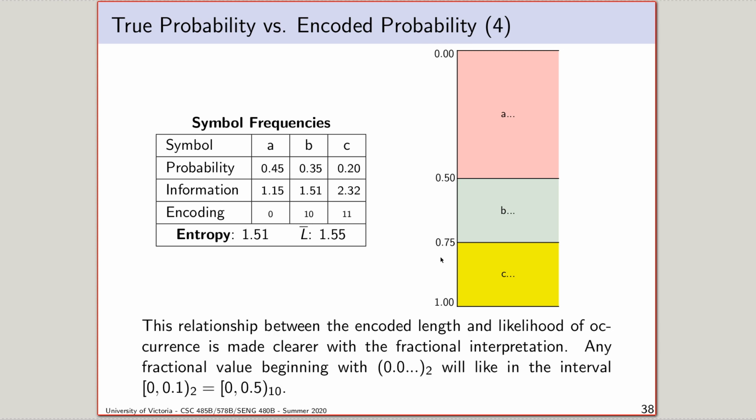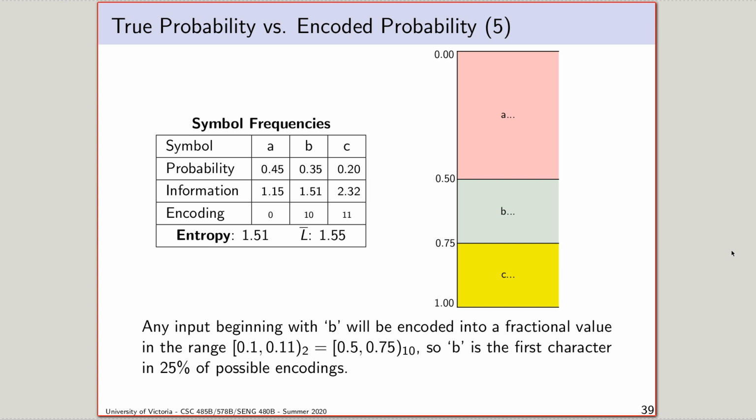And so I actually get this table of what I think we can call encoded probabilities. So with Huffman coding, the probability of an encoding beginning with A is 0.5. The true probability of A is not 0.5, but the probability implied by the encoding is 0.5.